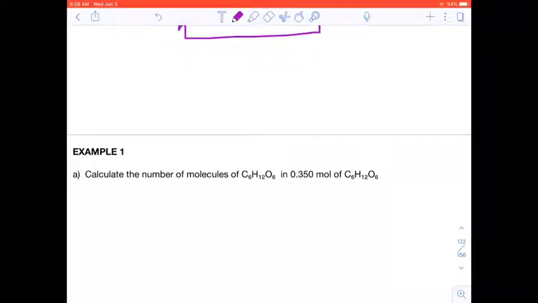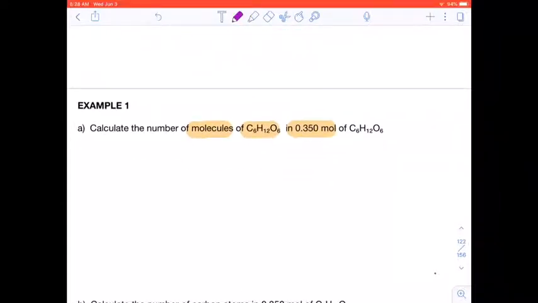We want to know the number of molecules in 0.35 moles of C6H12O6. Now, we know that N is equal to small n times the Avogadro's constant. But how many moles do we have?